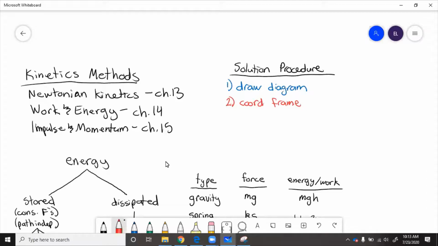For work and energy, usually y goes vertical and x goes to the side. And for impulse and momentum, x goes along the line of impact and y goes along the plane of contact. The third step is write the equations.